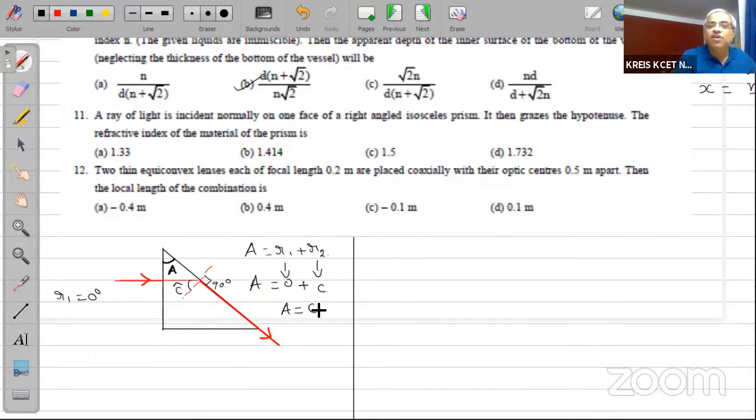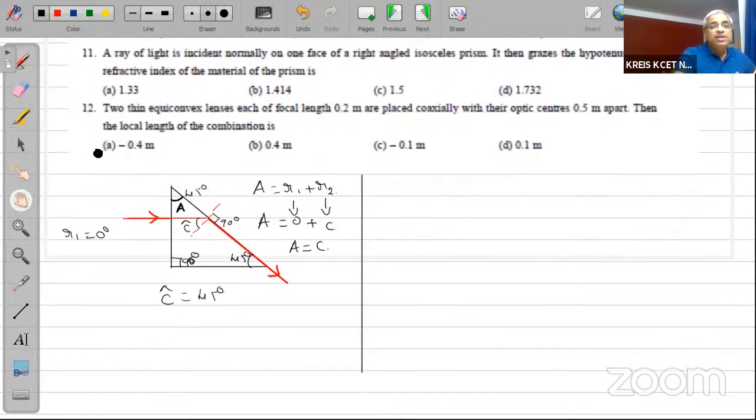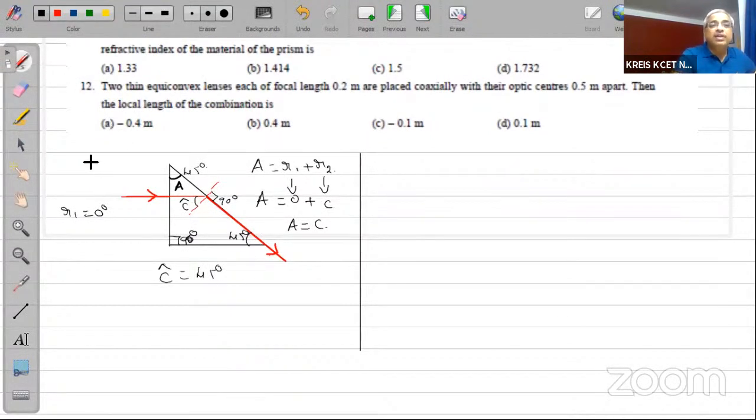Whatever this angle A is will be equal to angle C. That is something that you all know quite well, isn't it? This is an isosceles triangle, this is 90 degree. Therefore the other two angles should be equal to 45 and 45. And therefore the critical angle here should be equal to 45 degree. Now if I know what the critical angle is, can I not know what the mu is?